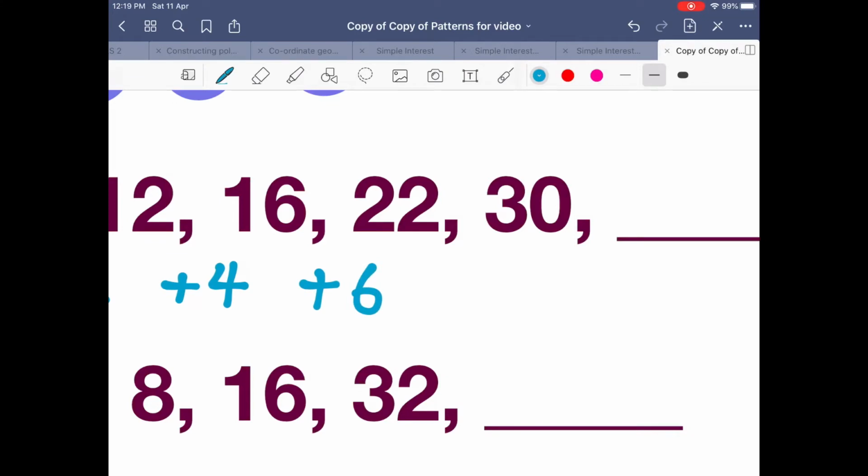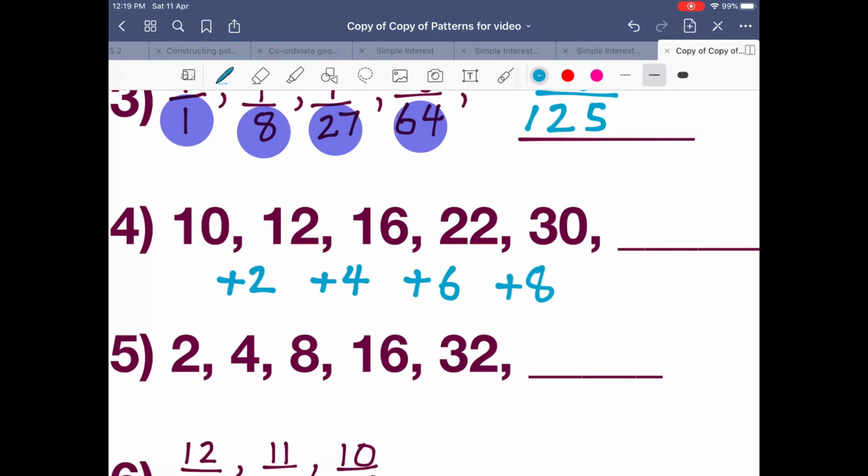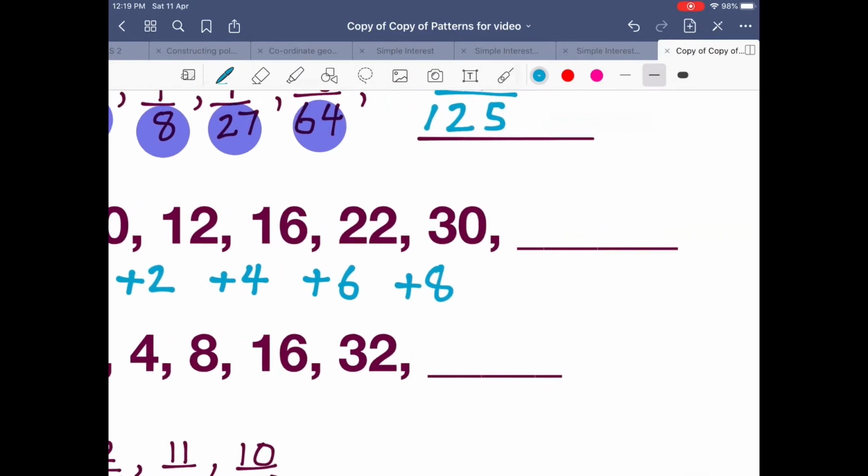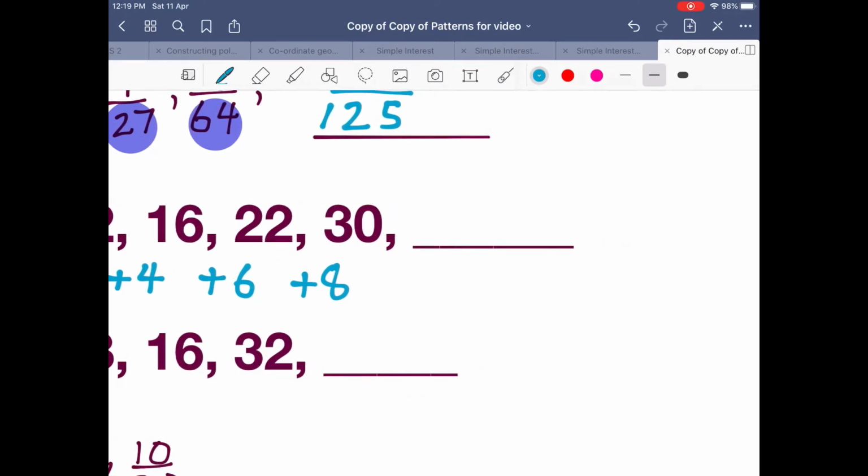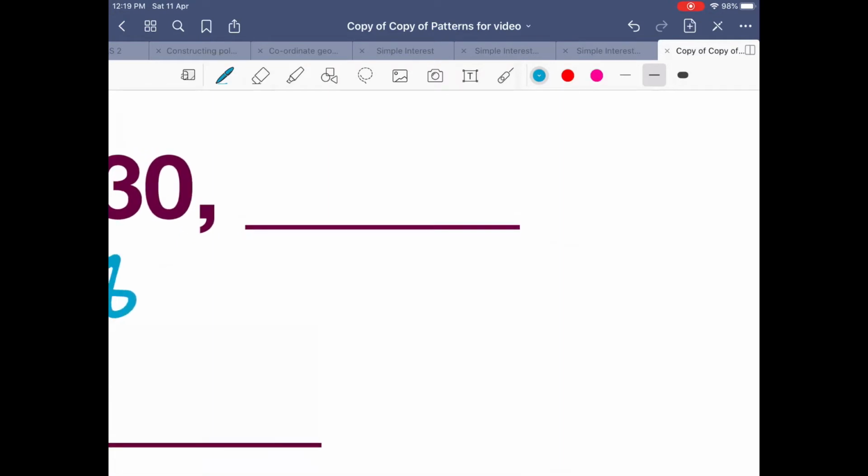And 22 to 30, we add 8. So we are adding 2, and then we are adding 2 more than we previously added, and then 2 more than we previously added. So counting in even numbers, after 8 we will have 10, so we have 30 plus 10, which we know is 40.